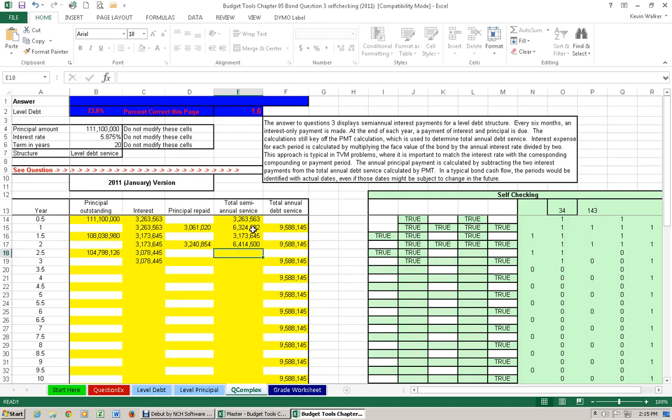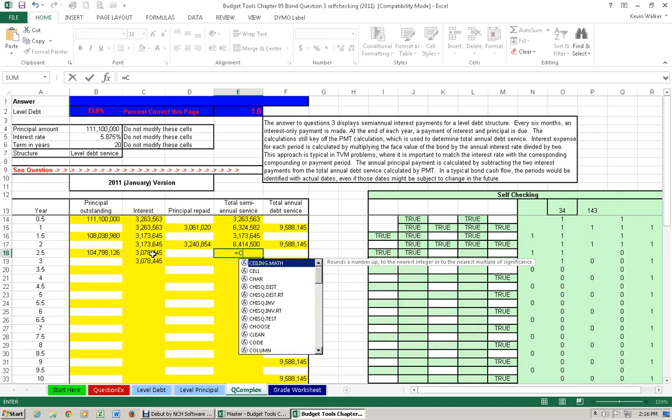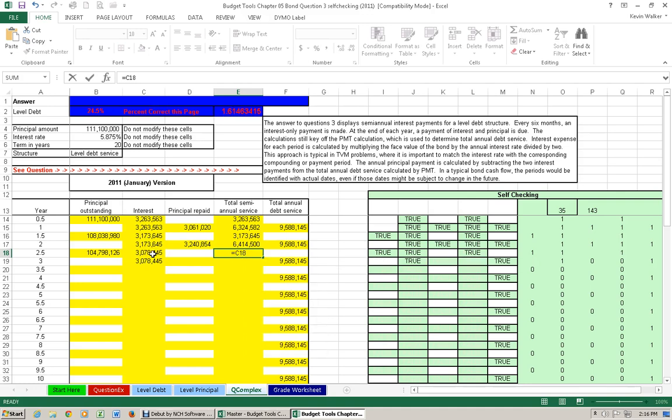Now here, again, we're just adding across. So in this case, equals. Now you can either do, in this case it would be C18, which is true, or C18 plus D18, still the same number because this is treated as 0.